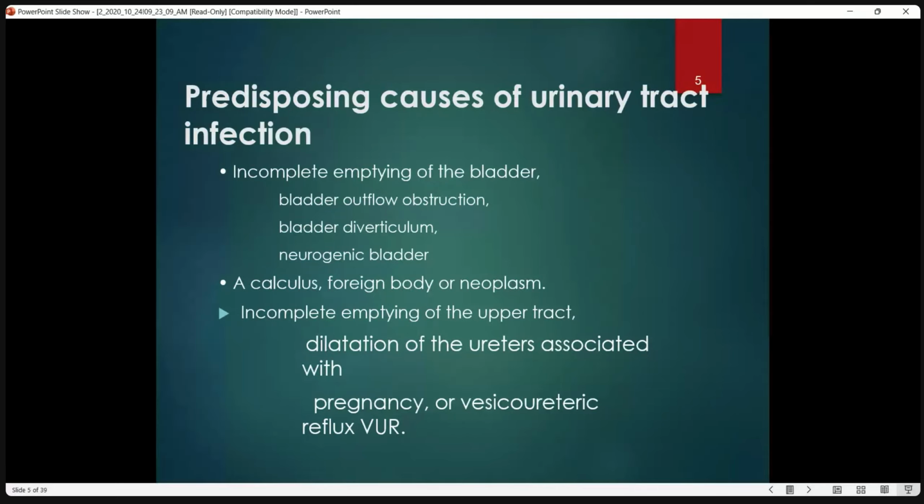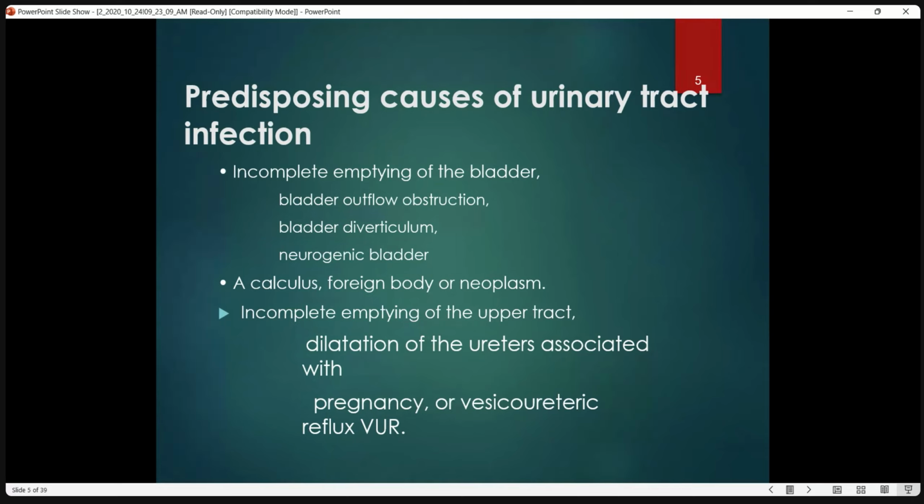And that abnormal growth can be calculus, a foreign body just growing around, like kidney stones. But kidney stones will only affect the bladder if they have grown to an extent that they are able to press on it.